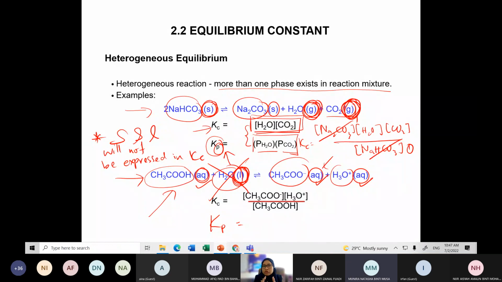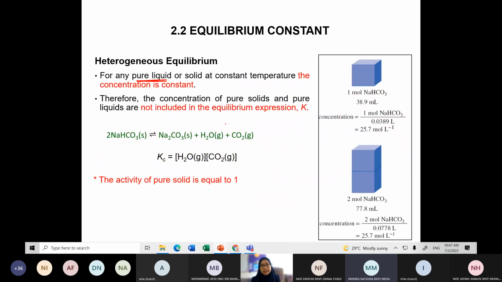So usually we don't use concentration, we use purity lah. Okay, so the purity of water is 100%. So concentration kita assume dia constant. Same goes to solid. Okay, at constant temperature, the concentration is constant. Therefore, the concentration of pure solid and pure liquids are not included in the equilibrium expression.